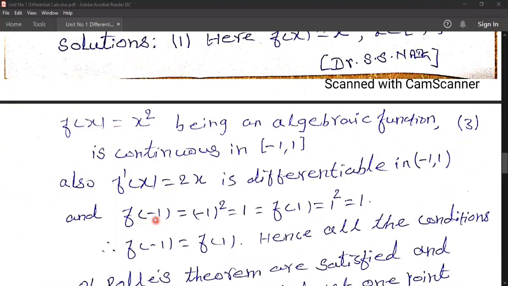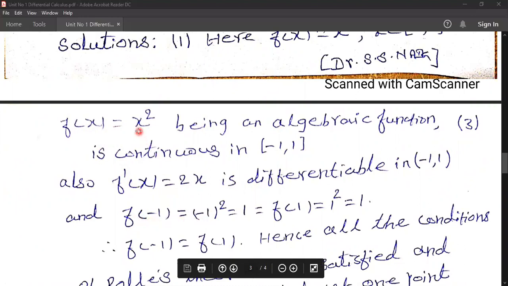Here a equals minus 1 and b equals 1. Therefore, f of minus 1 is equal to minus 1 squared, which is 1, and f of 1 becomes 1 squared, which is equal to 1. So f of minus 1 is equal to f of 1.